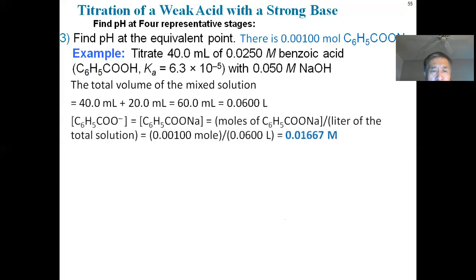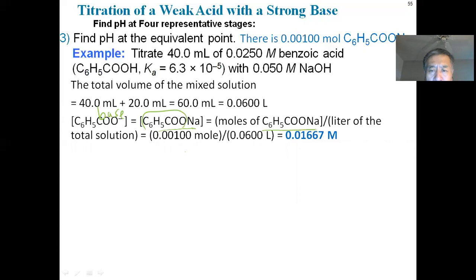0.0600 liters. And so therefore the concentration for this conjugate base equals this, because this is the compound, but the Na is a spectator ion in the neutral. So what is really the base? It comes from this product. So therefore we write there. So we find out the moles for this.